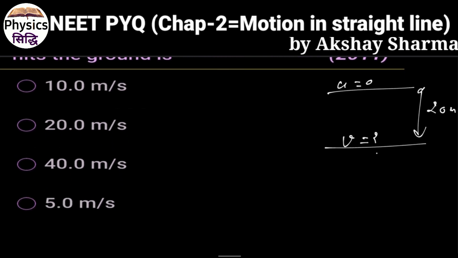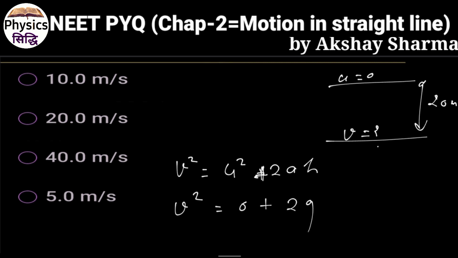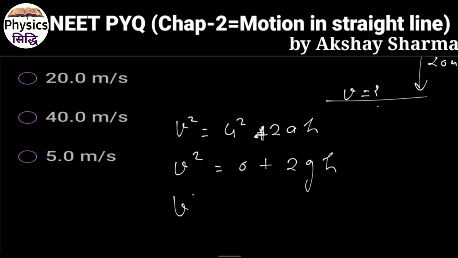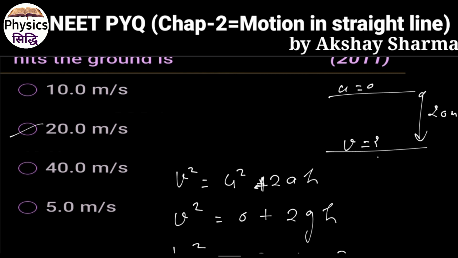He doesn't apply any force, so the initial velocity should be 0. So v square is equal to u square plus 2as, or in our case 2gh. So v square becomes 0 plus 2gh, which is 2 into 10 into 20, so v square becomes 400, and v becomes 20 meter per second.